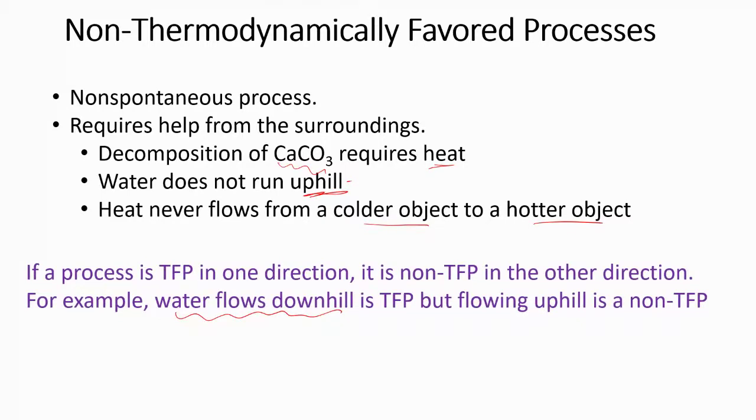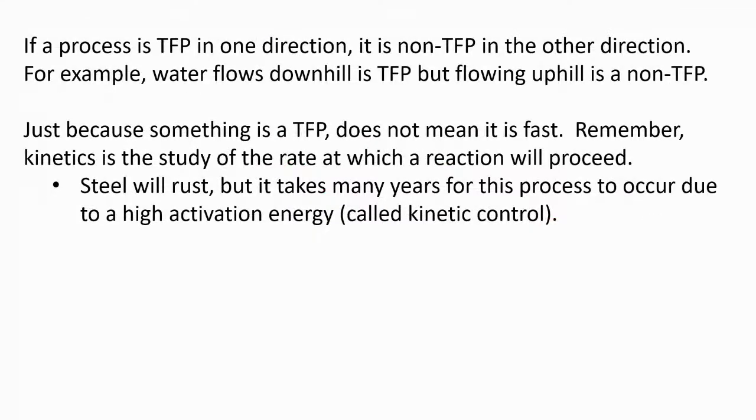Okay, so if it's favorable in one direction, it is not favorable in the other direction. So just because something is favorable does not mean it happens fast. Remember, that is kinetics. Kinetics is the study of the speed or the rate. Thermodynamics is not the study of the speed or the rate.